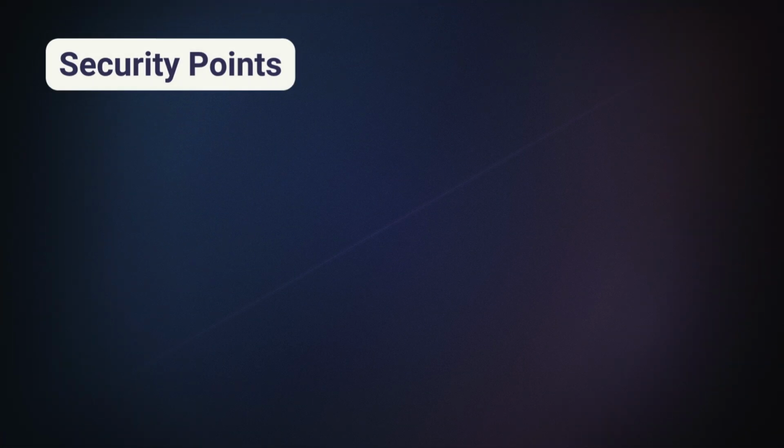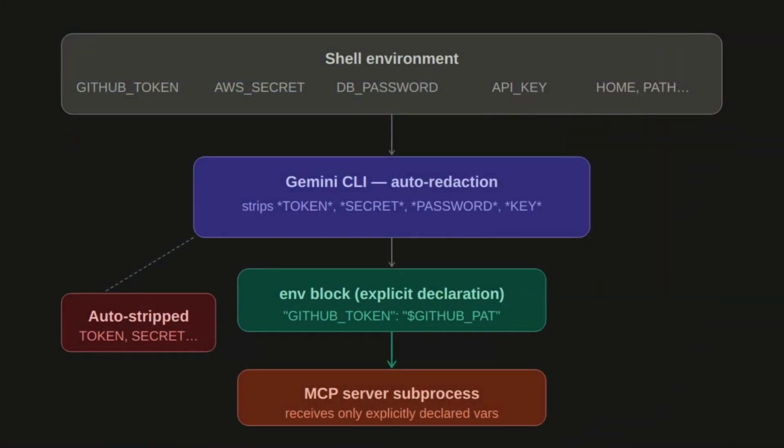Before we look at using connected servers, there are two security points worth understanding. First, credential handling. Gemini CLI automatically redacts sensitive environment variables before passing the environment to any MCP server subprocess. Variables matching patterns like token, secret, password, and key are stripped from the inherited environment.